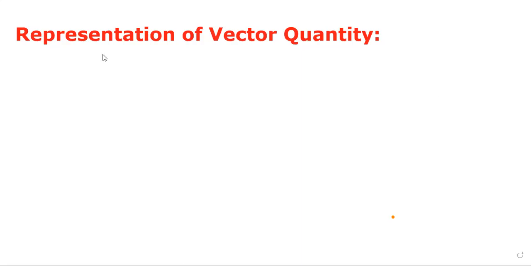A vector can be represented in two different ways. The first method to represent a vector is symbolic representation.